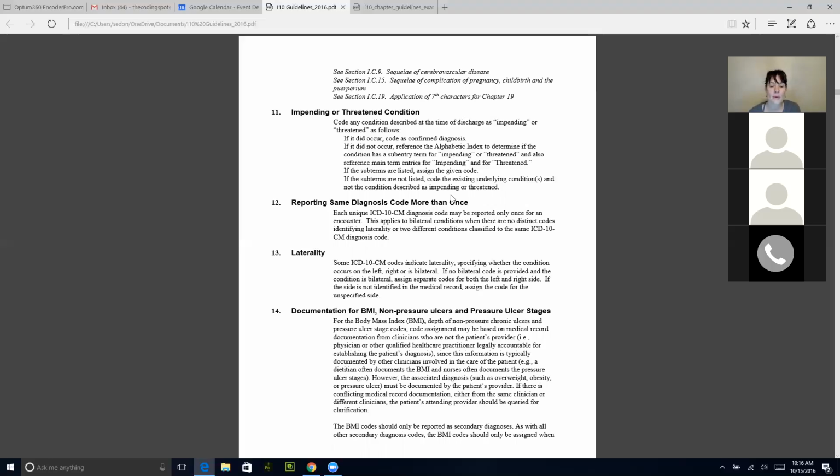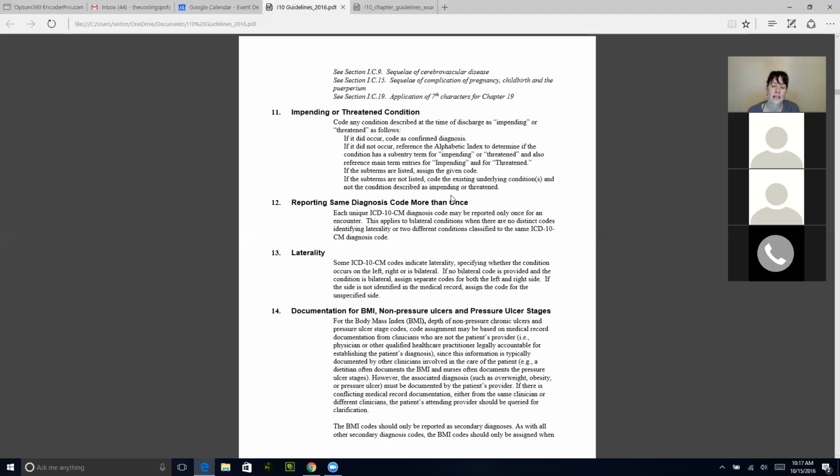We're going to move along to reporting same diagnosis more than once. Each unique ICD-10 diagnosis code may be reported only once for an encounter. This applies to bilateral conditions where there's no distinct code identifying laterality, or two different conditions classified to the same ICD-10-CM code.